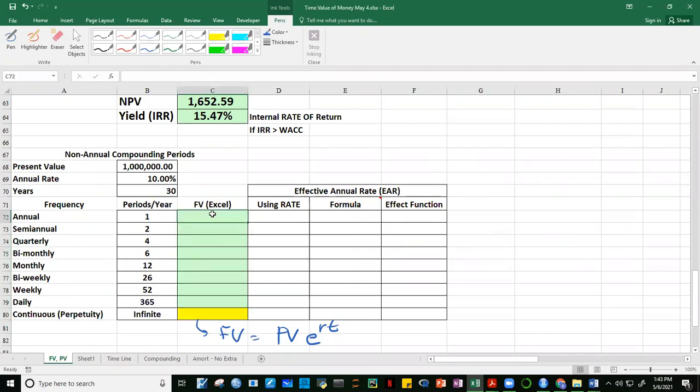All right. So, tandaan natin guys na itong 1 million na invest natin ngayon, ilang beses magkakaroon ng interest to pag annual? Answer? Ilang beses magkakaroon ng interest? Isa. Correct. Kapag semi-annual guys, ilang beses magkakaroon ng interest? 2.